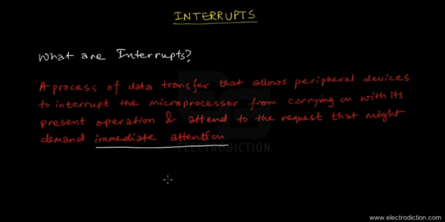From this description we can get an idea that in some situations occurring in devices that employ microprocessors, the microprocessor needs to get interrupted, or rather needs to stop carrying on with its present operation and attend to some sort of emergency situation.